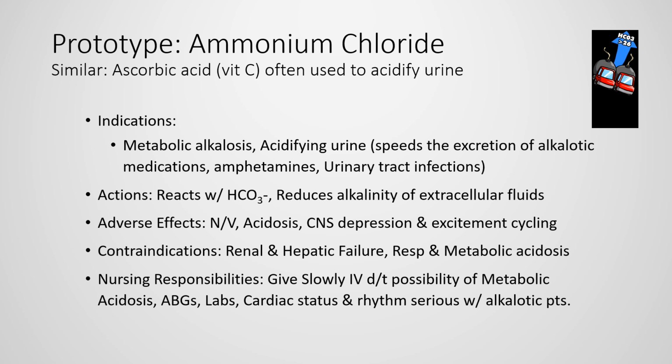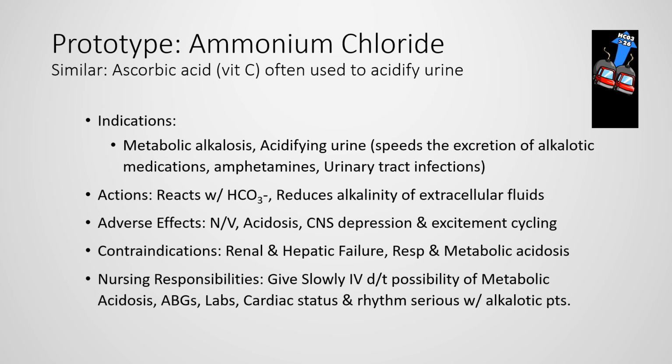So what's the action of this drug? It'll reduce alkalinity. It'll reduce your pH, since this reacts with bicarbonate. It'll lower your pH. So your pH was too high, and this will lower it. Adverse effects: well, acidosis if you give too much.